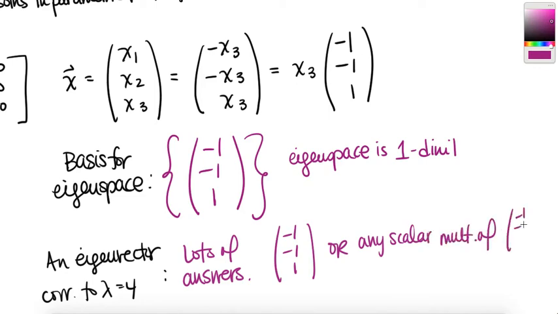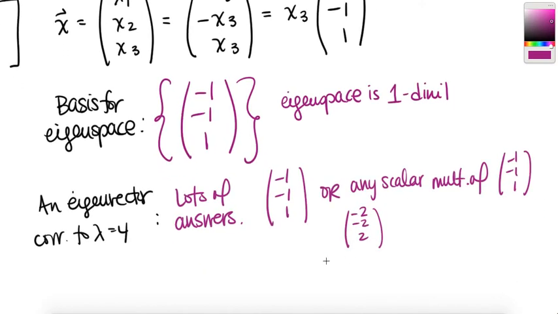So -1, -1, 1 is fine. You could do -2, -2, 2. Anything that looks like that: -100, -100, 100, or 5, 5, -5, anything that looks like that.